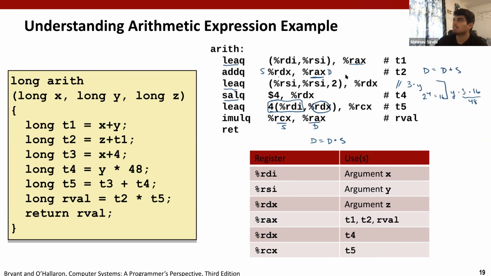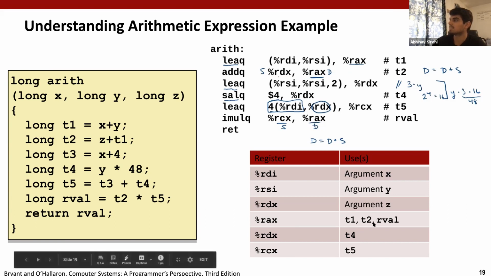We give it RDX, which is Z, and RAX as the destination, which is currently T1. So we do Z plus T1, and that's stored in RAX. Z plus T1 corresponds to T2, so RAX now contains T2. We just overwrote the value of T1, but as you can see here, we'll never need T1 again, so it's totally fine to do that.